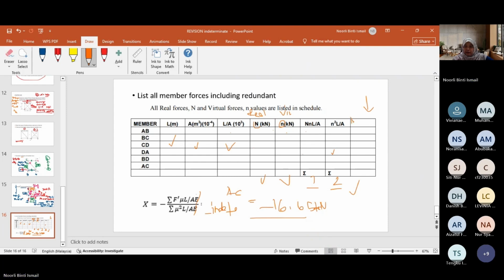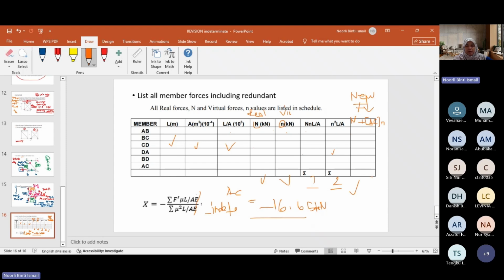N plus, this is in our notes, AC times small n. This is the actual F. Sometimes they can ask you to find the actual member forces for all member trusses. So these are the steps you need to do.